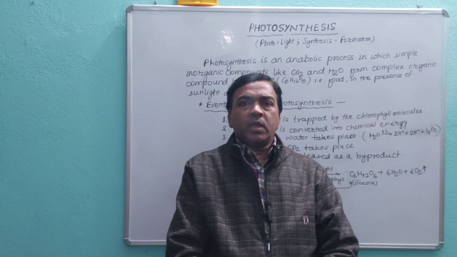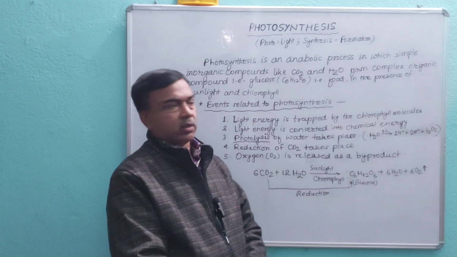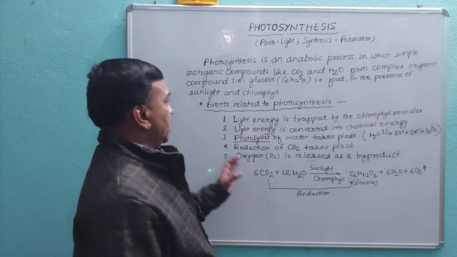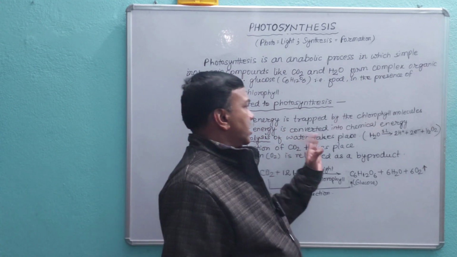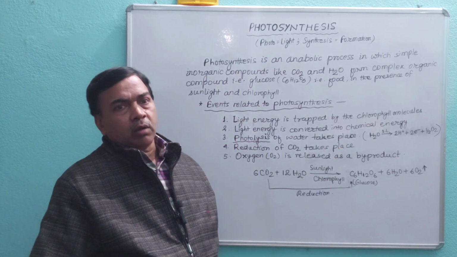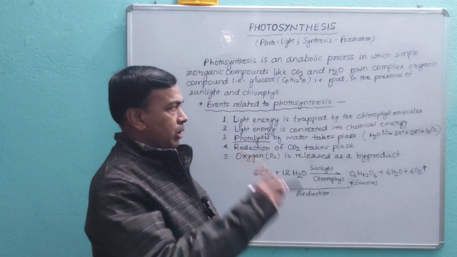Now, we shall describe the events related to photosynthesis. The first event related to photosynthesis is that light energy is trapped by the chlorophyll molecules. The chlorophyll molecules present in the granum trap the solar energy.